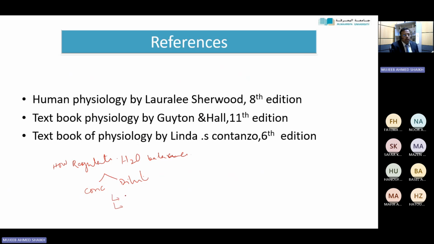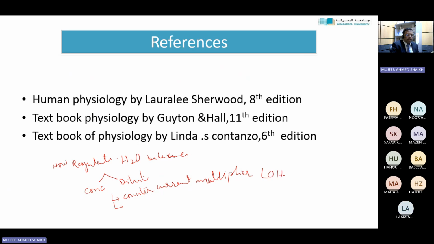One is the counter current multiplier, which is nothing but the loop of Henle. Another one is the counter current exchanger, which is nothing but the vasa recta.